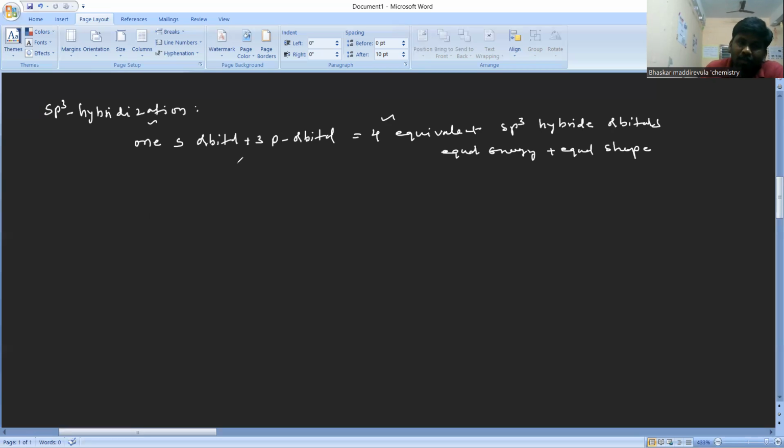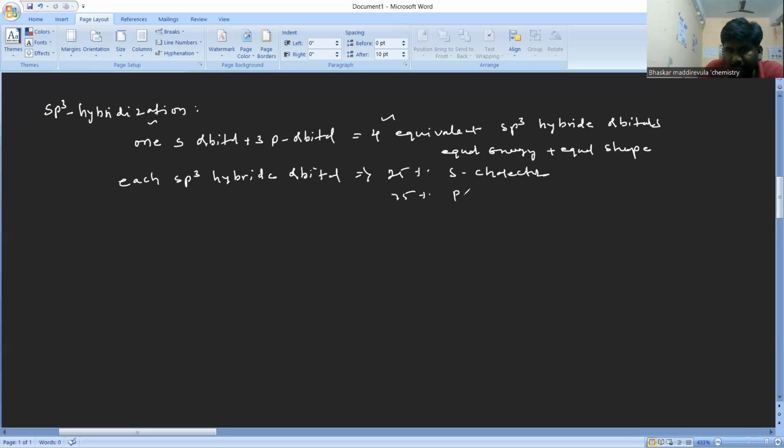So this hybridization will give four equivalent sp3 hybrid orbitals. Each sp3 hybrid orbital consists of 25% s character and 75% p character.